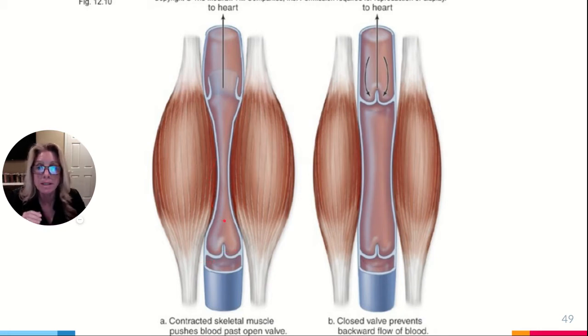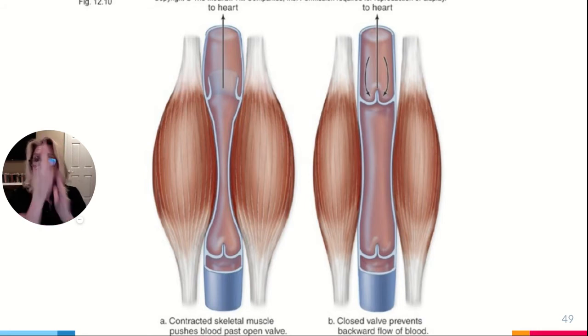So what happens is this. And we talked a little bit about this in video 1. You have your muscles around your veins, and when they contract, they compress a vein and squeeze it. And so the blood can only move in one direction. And so that direction is up towards your heart. So every time those muscles contract, they are pushing against it, and it's a smaller space.